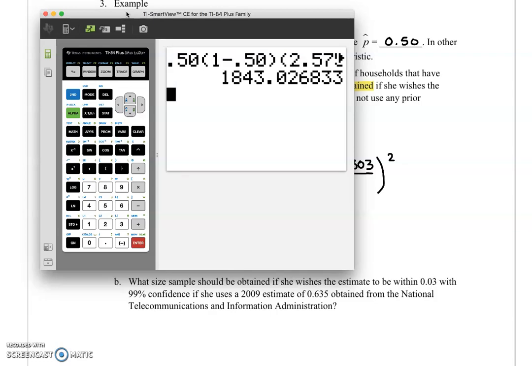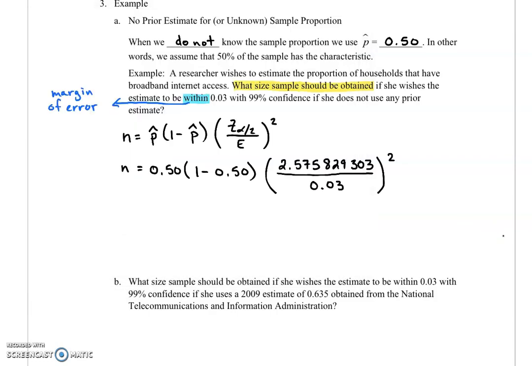So we get 1,843.03 if we round to 2 decimal places. So that gives us n of 1,843.03, or 1,844 households they need to survey.